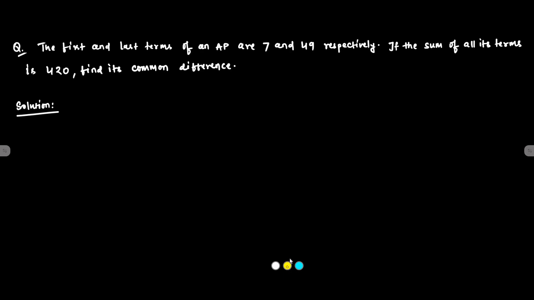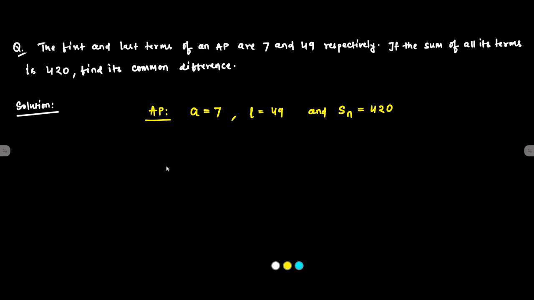So for the given AP, we have the first term equal to 7 and the last term equal to 49, and the sum of all its terms is equal to 420.